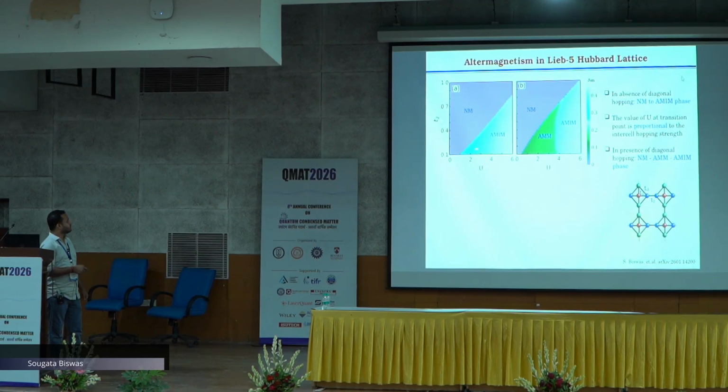This is the threshold value for 0.1 and so on. If we take T2, the intercell hopping, as 0.1, then the threshold is around 1. Beyond this are the altermagnetic phases, and before this are the normal phases, and T2 is the intercell hopping. Okay, thanks all.